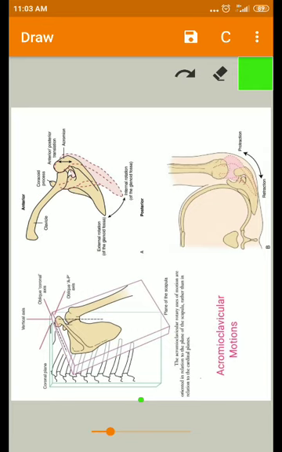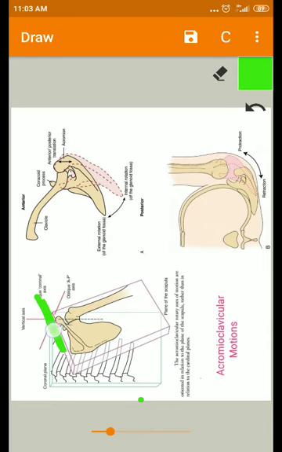So anterior and posterior tilting occurs in the oblique coronal axis. This is the oblique coronal axis.